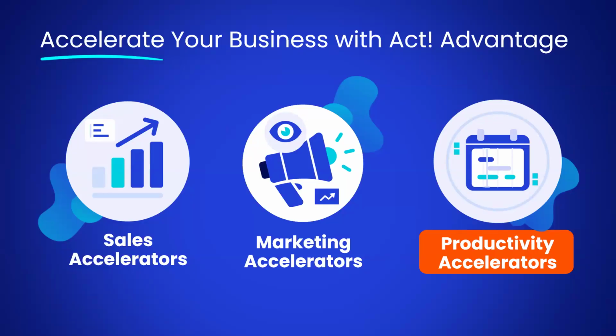This is the third session, as I've mentioned before, and we're going to focus on productivity accelerators, the new functionality that helps you work more efficiently and better deliver on client expectations. Last month, we talked about marketing accelerators, and in October, we covered sales accelerators. So again, please make sure and check out the recordings for those on our website, and I'll have a link for you at the end of this session where you can go look at those previous sessions.